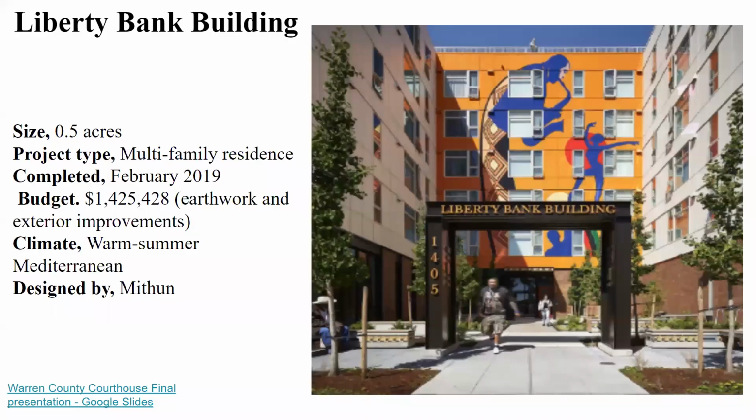To start off my project, I used the Liberty Bank building for my personal study. The reason I chose this building was because of its historical background. Back in the day, it was a center for African American businesses, the first bank meant for African American people.